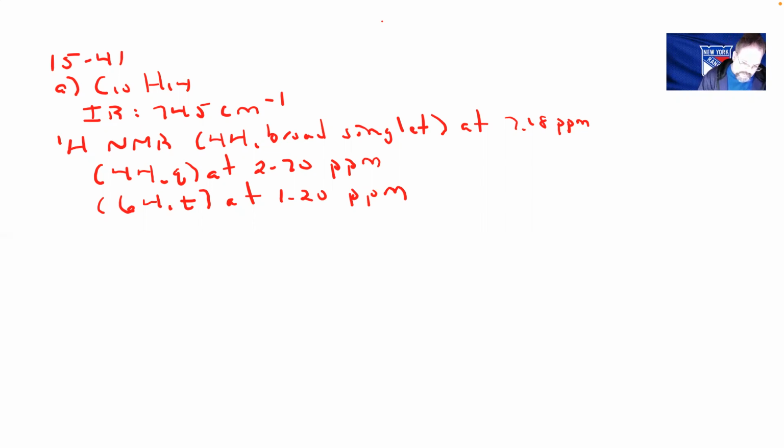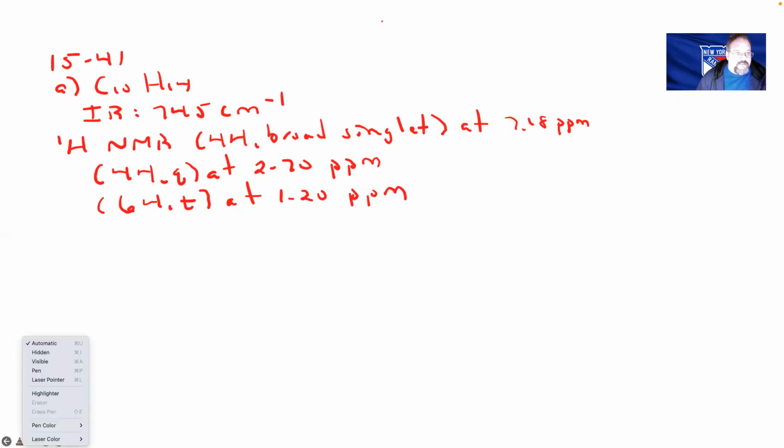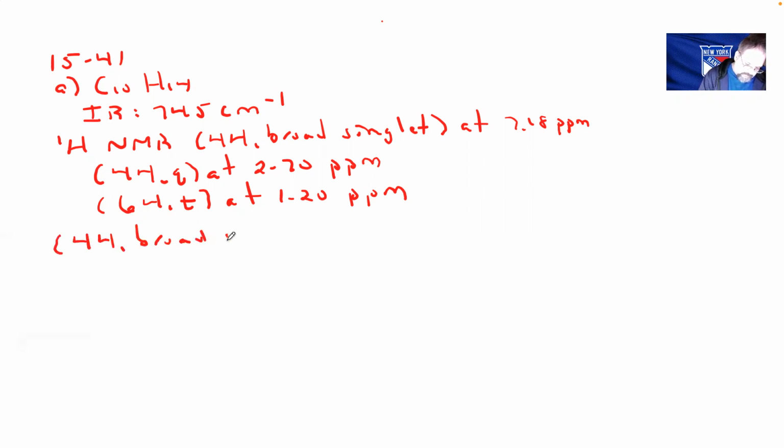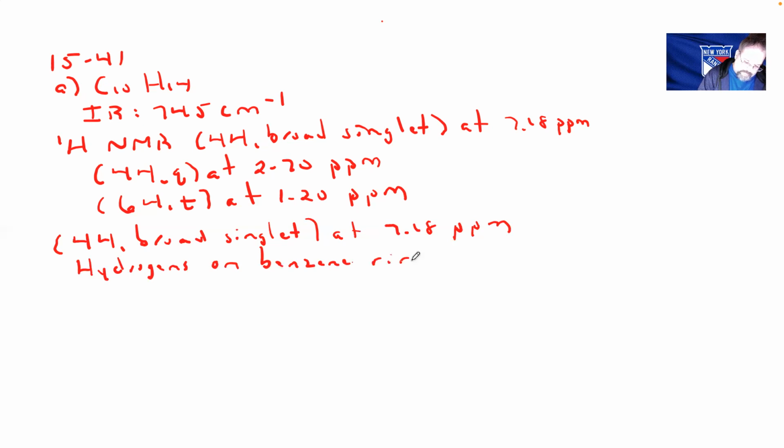So the first thing we want to note is, let's start with the 4-hydrogen broad singlet at 7.18 parts per million. Now, these have to speak to the hydrogens. So this peak has to speak to the hydrogens on the benzene ring.